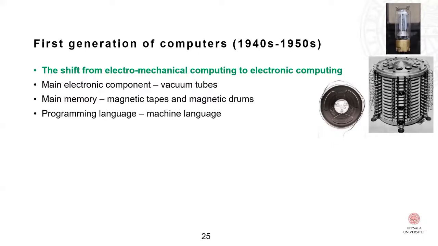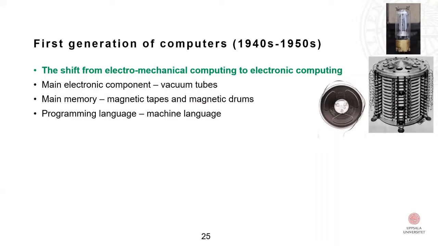So the main memory in the first generation computers were magnetic tapes and magnetic drums. And the programming language, meaning the language with which one would specify the instructions that a computer would execute, was machine language. We will see more in this lecture and in our programming lectures that programming languages have different levels.